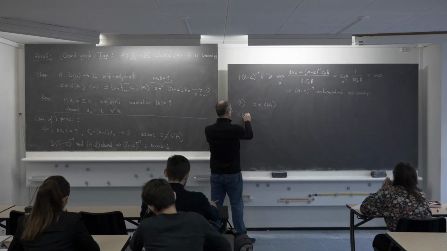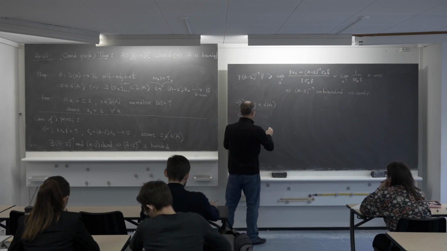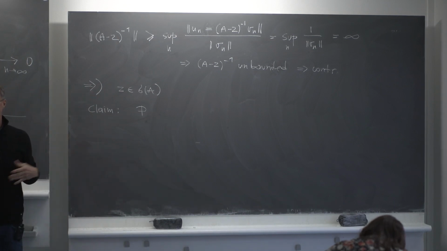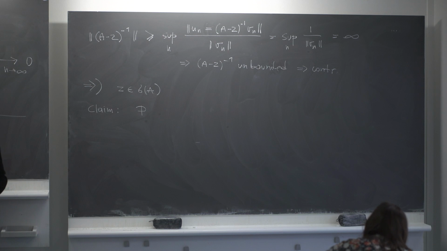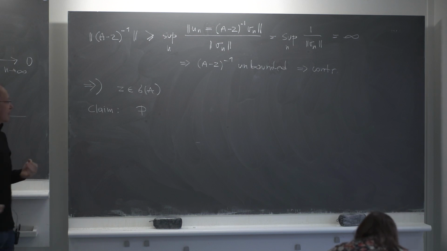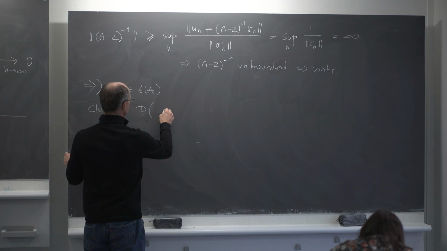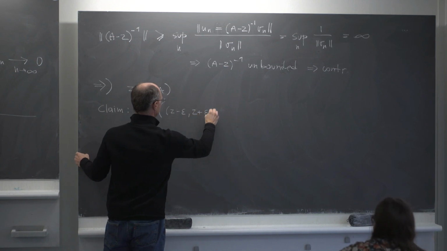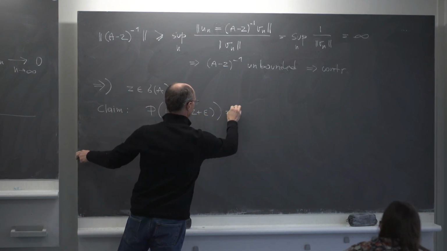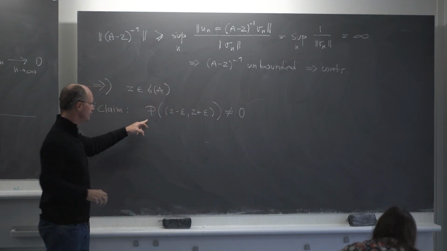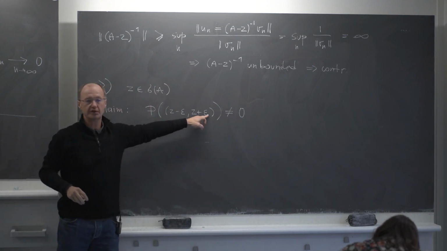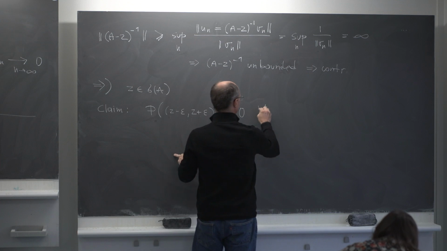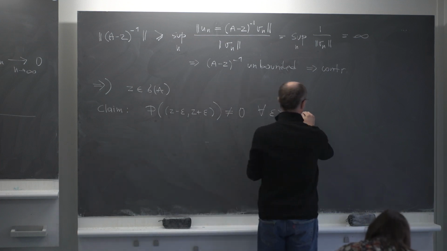So let me first make a claim. A is self-adjoint, so it has this family of spectral projections, right? This projection-valued measure. So in particular, I want to claim that all projections which correspond to the small intervals around Z are non-zero for any positive epsilon.